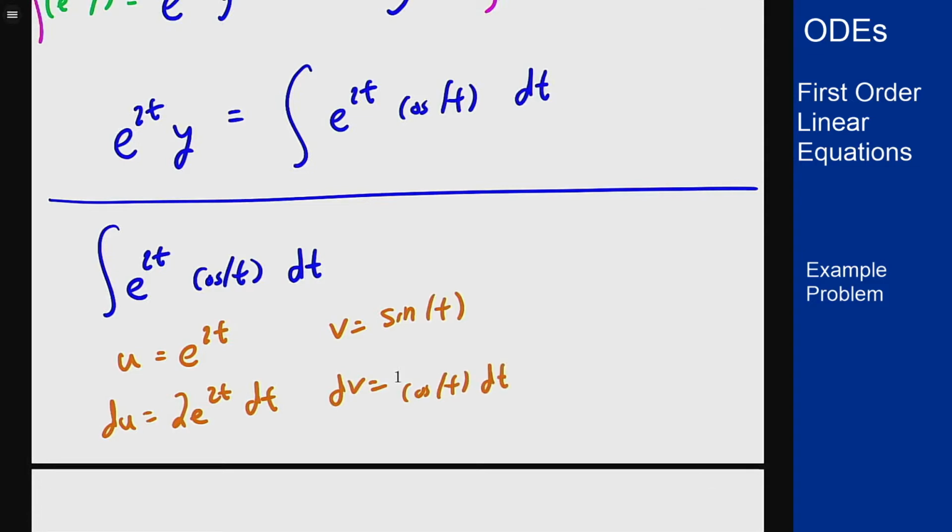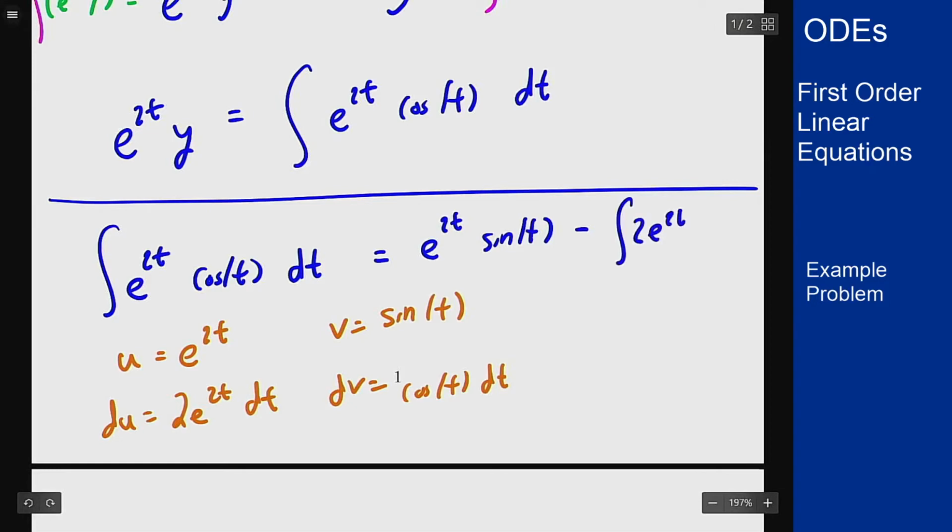which means that this integral is the same thing as e to the 2t times sine of t minus the integral of 2e to the 2t sine of t dt, which is a good first step, but this here requires another integration by parts.